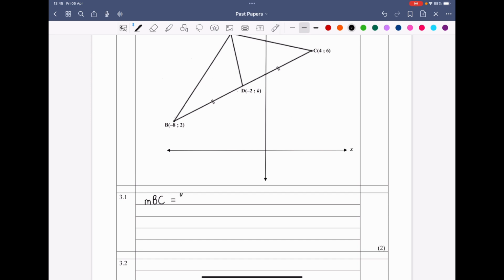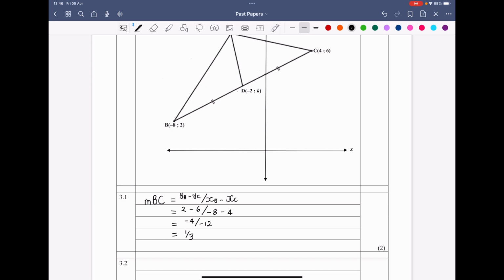So I'm going to have the y value of B minus the y value of C divided by the x value of B minus the x value of C. The y value of B is 2 and of C is 6, divided by the x value of B is negative 8, minus the x value of C is 4, and then I will have negative 4 over negative 12, and that is a third.